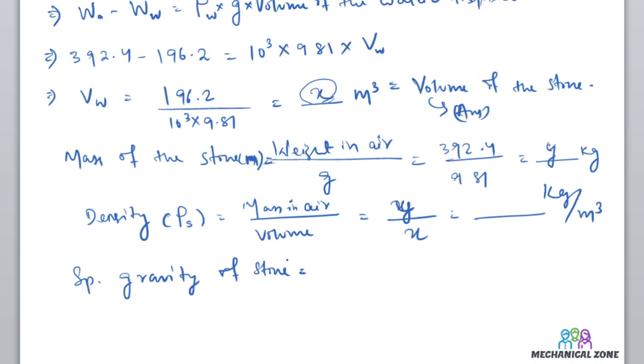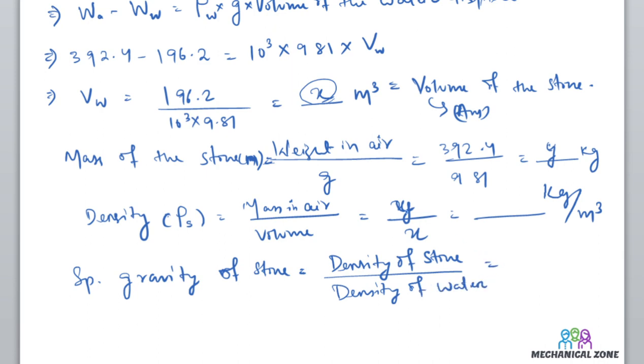So last part, how you can calculate the specific gravity of the stone. In order to calculate it, we have the formula: density of the stone divided by the density of water, as we are calculating the specific gravity with respect to water.